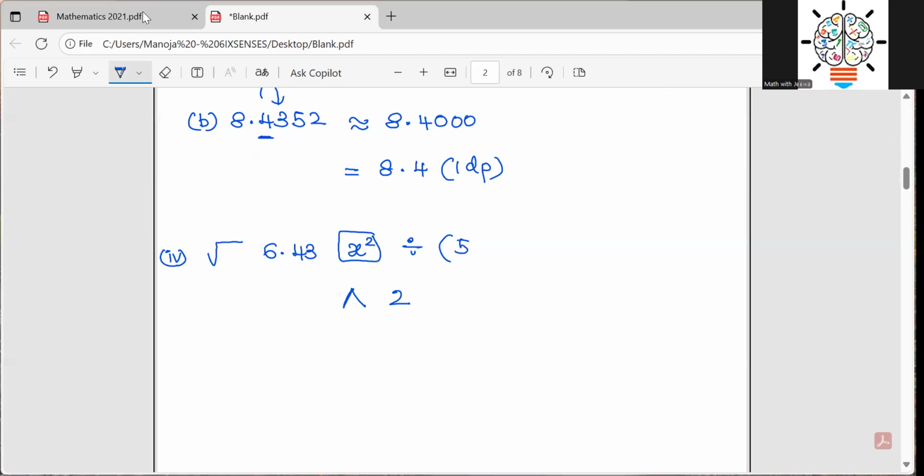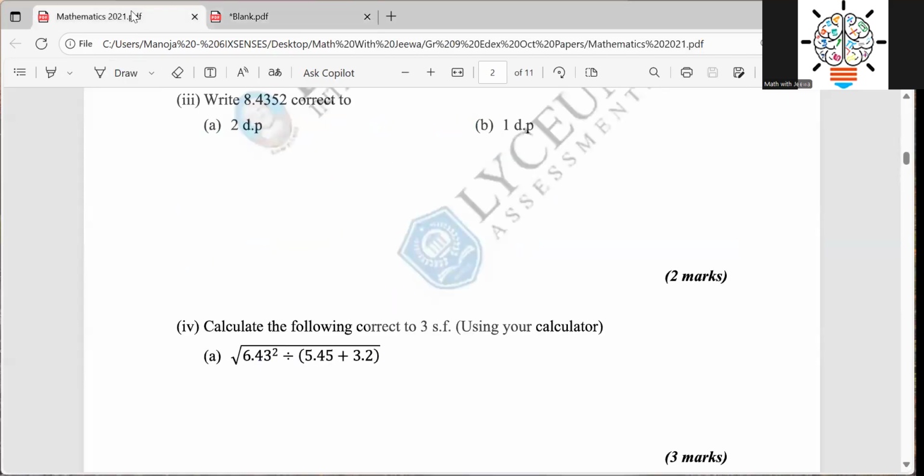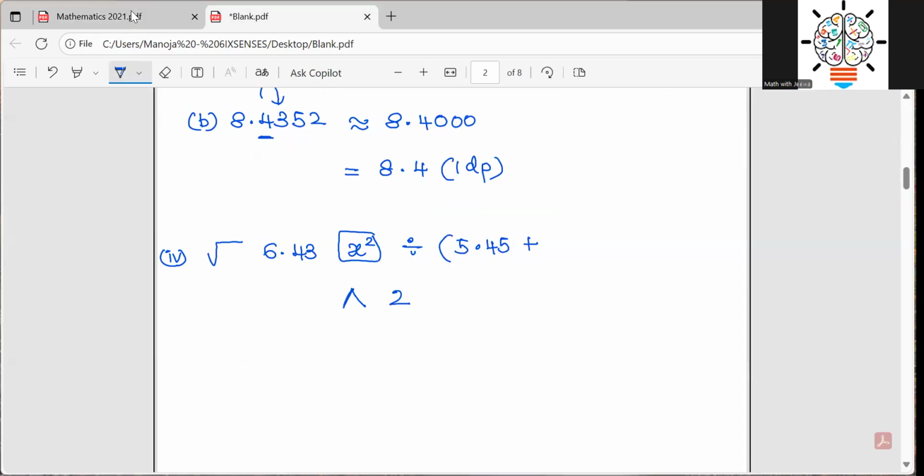So you just type it with me, 5.45 plus, and 3.2. So then we have 3.2. Then you click the equal sign. Right?